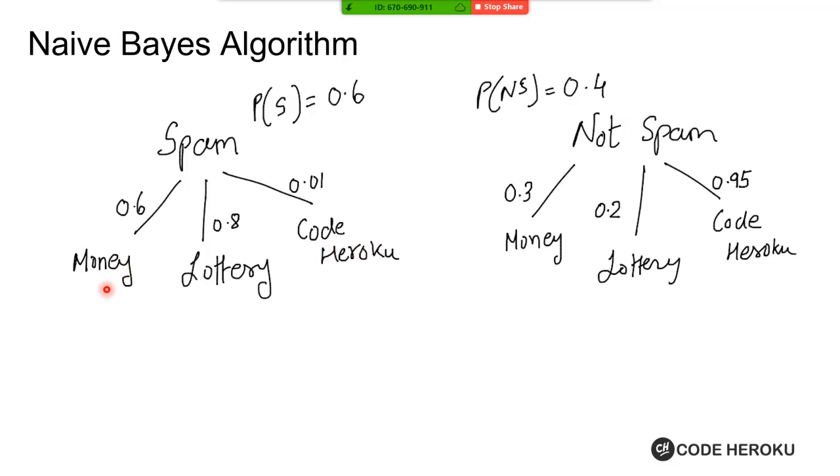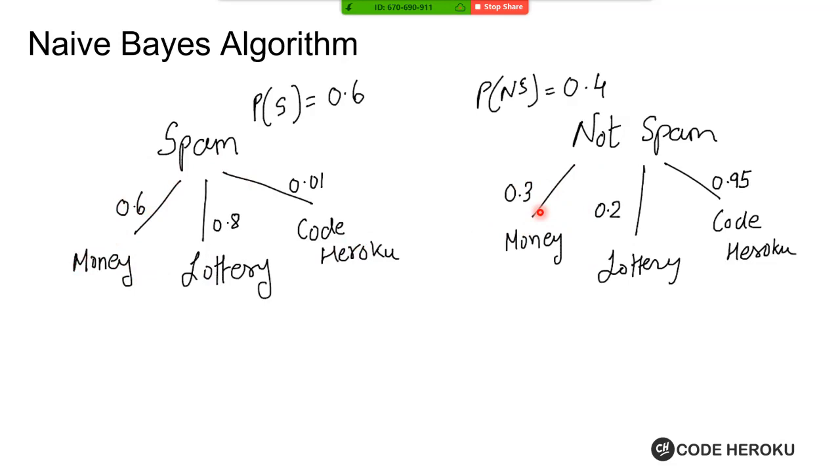What we know from the past in our data set is that whenever the word money has come, there is a 0.6 chance of it being a spam, and there is only 0.3 chance that it's not a spam. Don't get confused by the numbers right now, because 0.6 and 0.3 are not adding up to 1.